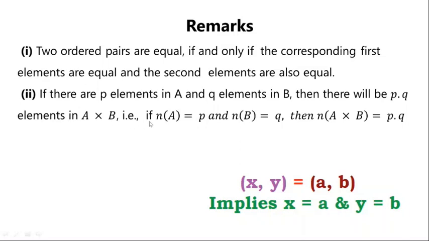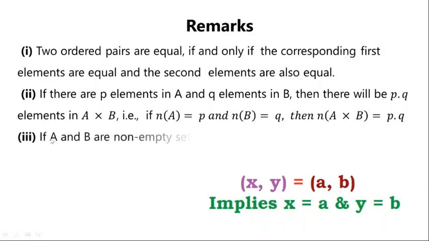That is, if the number of elements in A equals p and the number of elements in set B equals q, then the number of elements in A cross B equals p into q. That A cross B defines your ordered pairs.